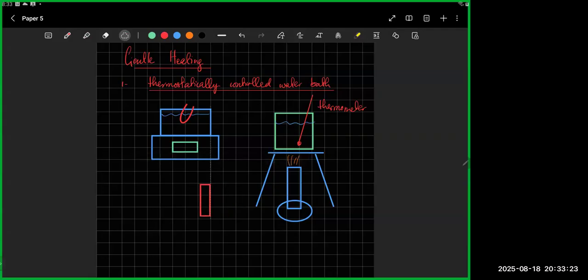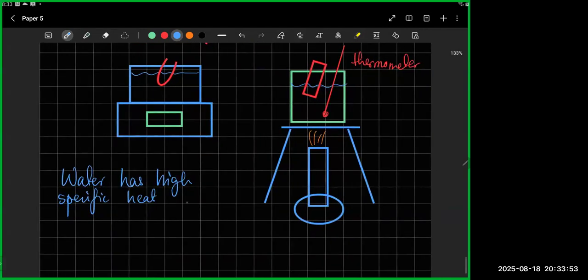So if I want to heat a liquid, I would have to dip this substance in it. So now the good thing with water is that water has a very high specific heat capacity.